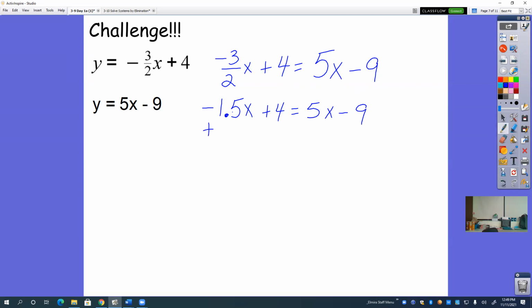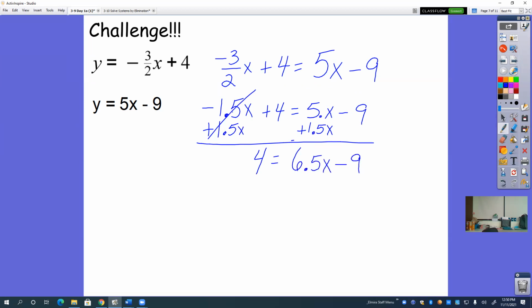And then I would get rid of the smaller variable. So I would add 1.5x to both sides. Again, making sure that you line up your decimals. That cancels. 4 equals 6.5x minus 9.